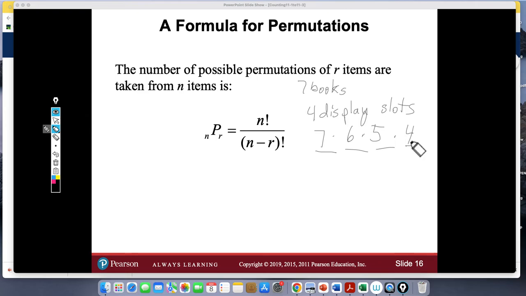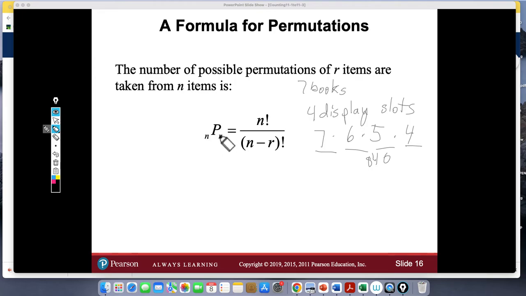So I'm done counting my permutation here. It's 7 times 6 times 5 times 4. There's not a special way to calculate that, so I just have to enter that in my calculator. 7 times 6 times 5 times 4 is 840, doing it the long method.